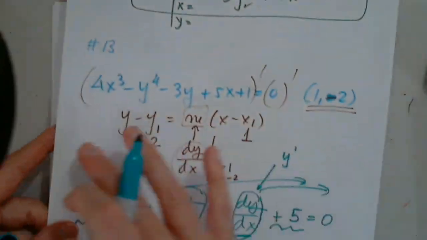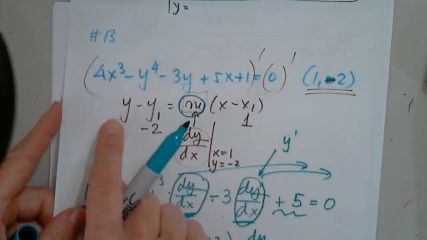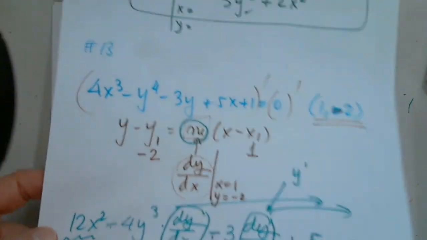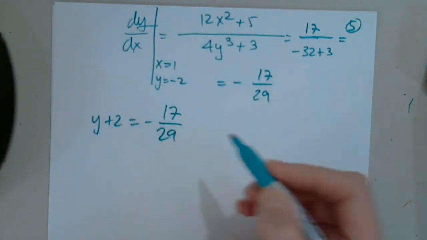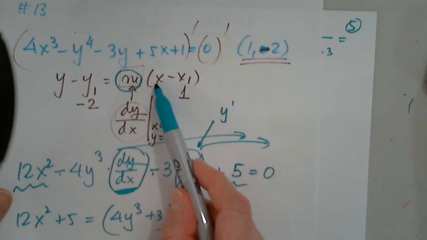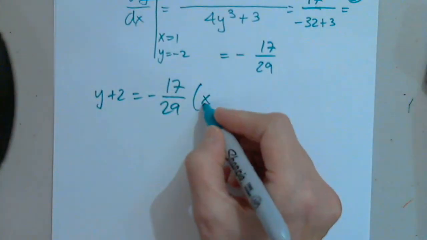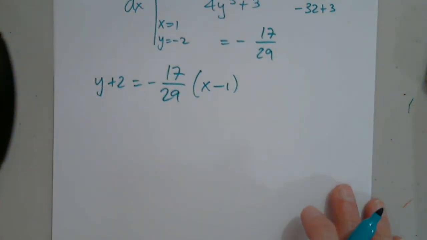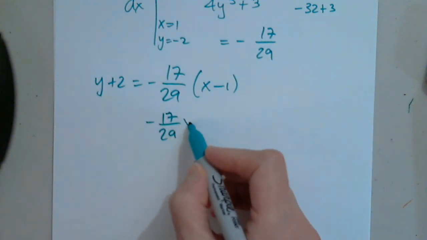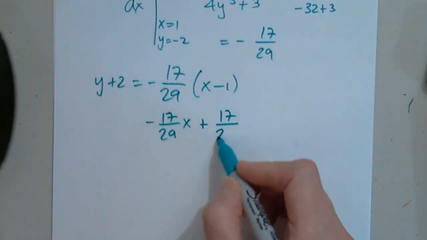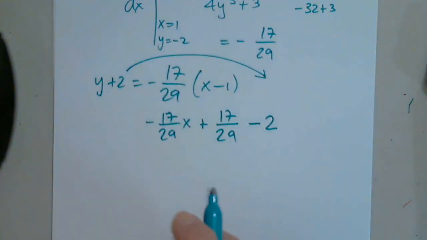So now I have everything, including negative 17 divided by 29. So y minus negative 2, that is y plus 2 equals negative 17 over 29 multiplied by x minus 1. We have to solve for y. So I will distribute: negative 17 over 29 x plus 17 over 29. This is positive. It will be moved to the other side, simply changing its sign.